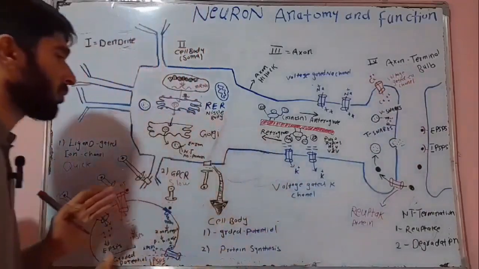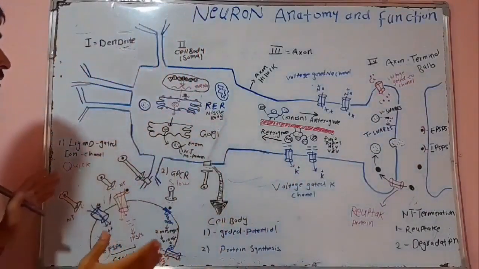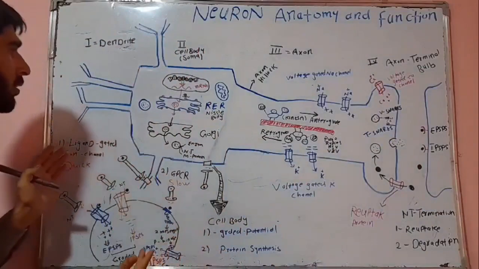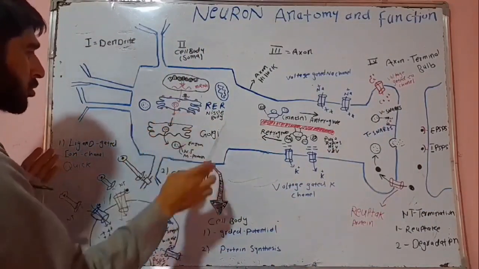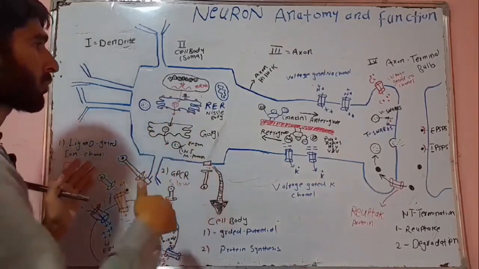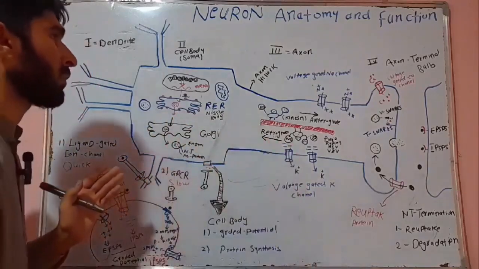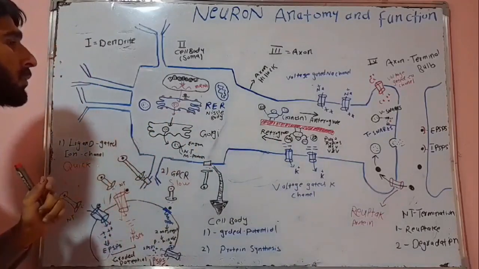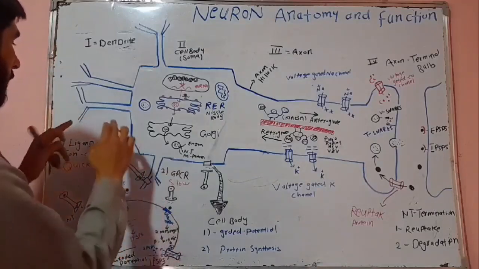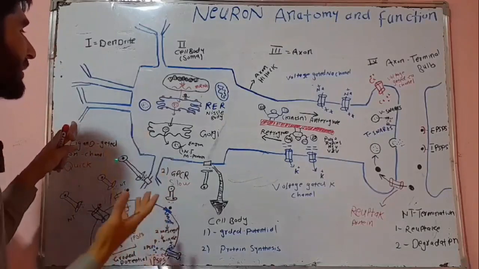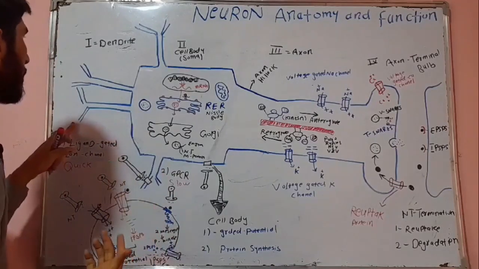The function of a neuron is to take information and transmit it into the cell body, and after processing, transport it into the axon terminal bulb. So how does the dendrite take information?